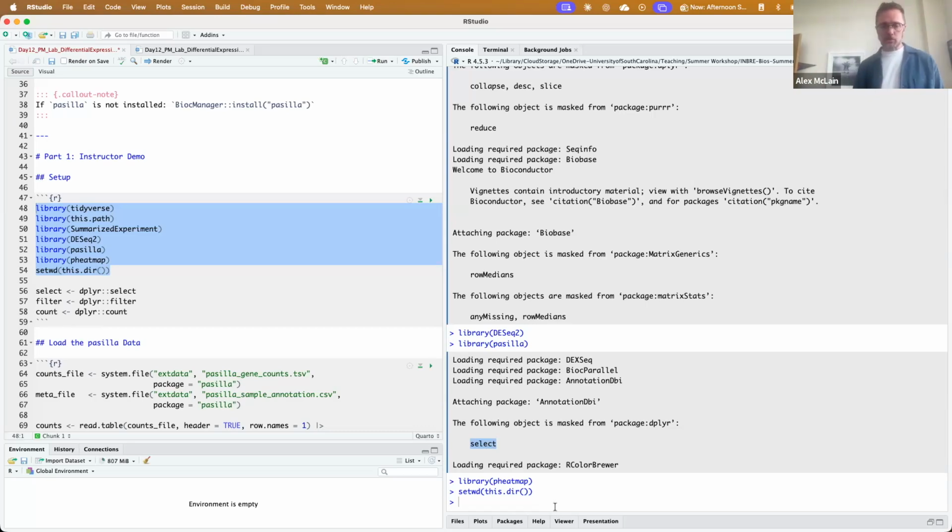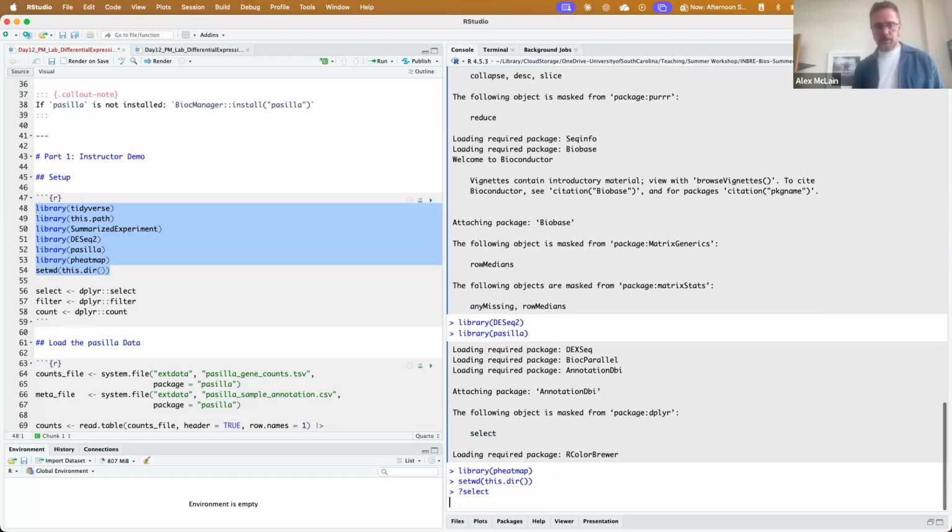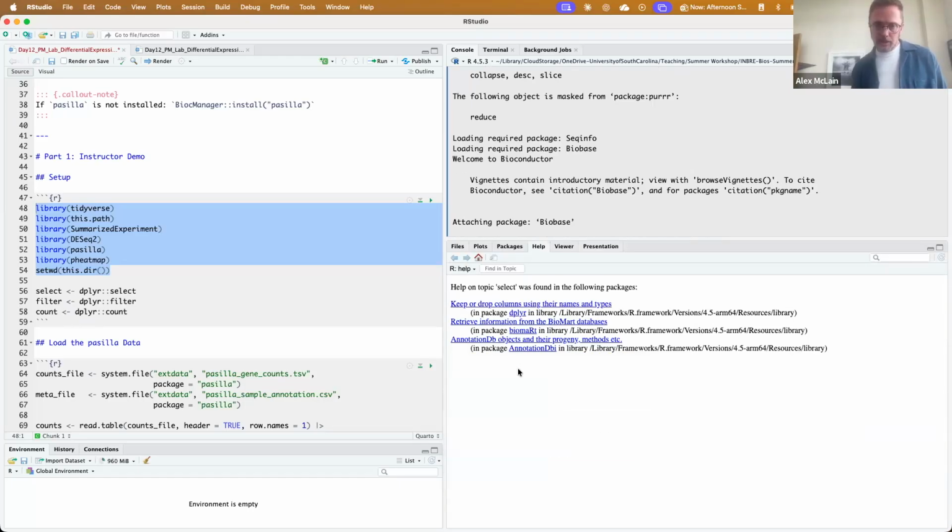So we can hit question mark, and you can see there are actually three versions of the select function. One in the dplyr package, of course, one in biomaRt, one in AnnotationDbi.